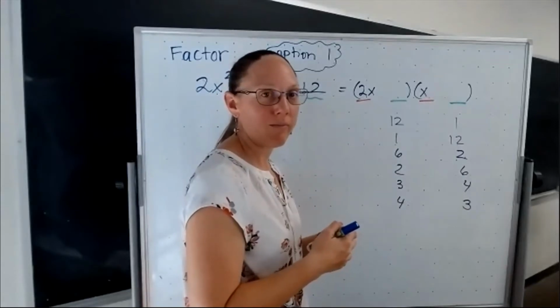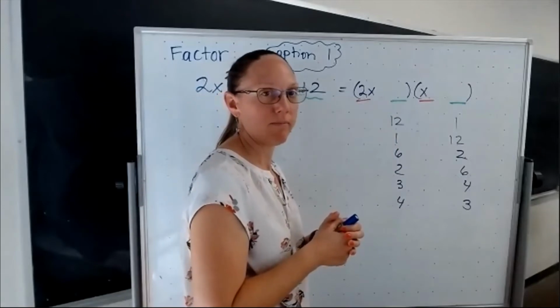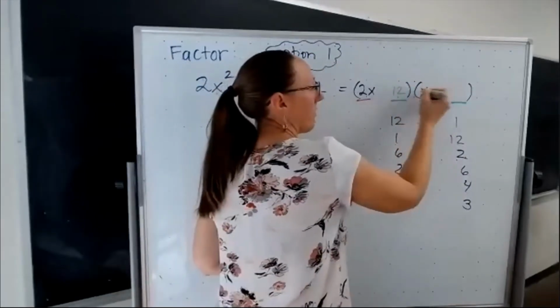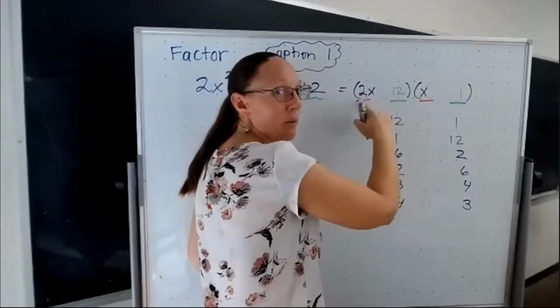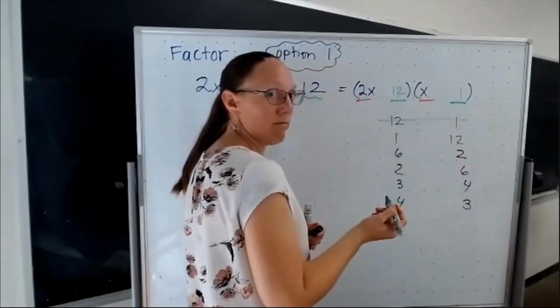And right away, I can cross out half the things on this list. So if I were to put in a 12 and a 1, then I would have been able to factor a 2 out. So that's not an option.